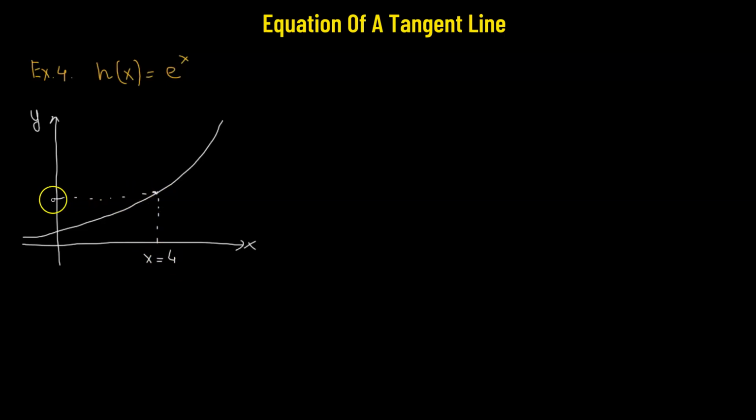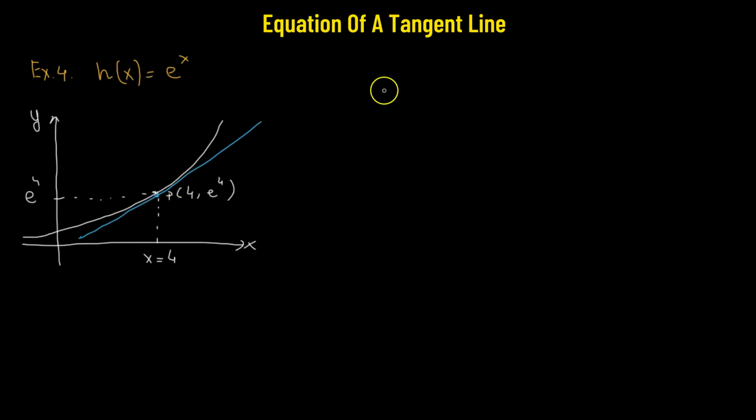Its corresponding y value will be simply e raised to the power of 4. So that means we have the point P defined as (4, e raised to the power of 4). So what is the equation of the tangent at this particular point P?